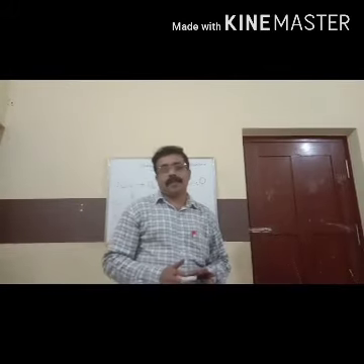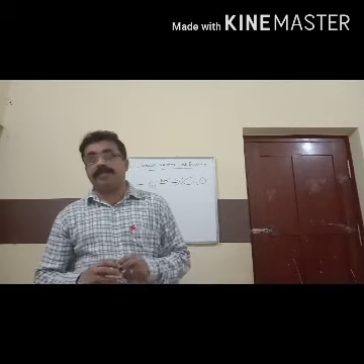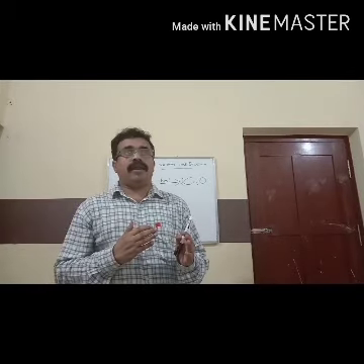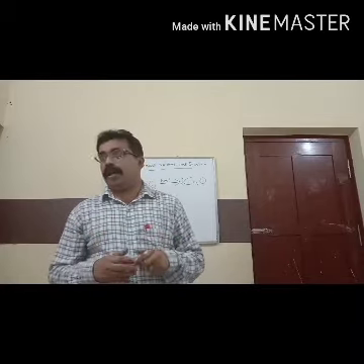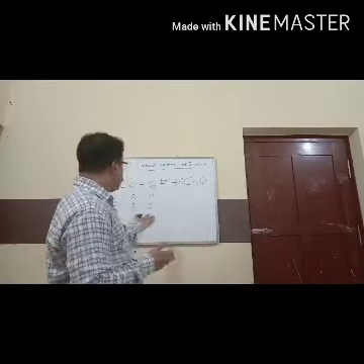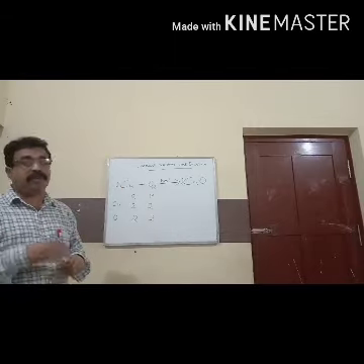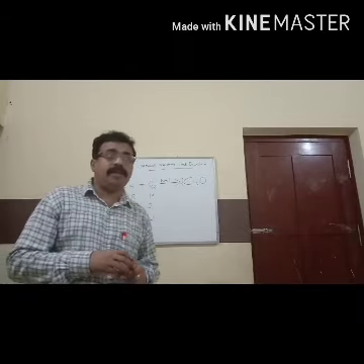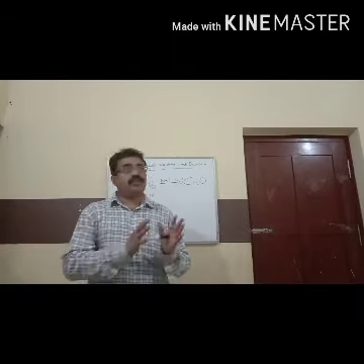Now, as I told earlier, there are a few examples where it will be difficult for you to balance. Here also it is a diatomic molecule, but here it was not as difficult. But you can see some examples where students struggle to balance a chemical equation. I'll teach you how to do that.